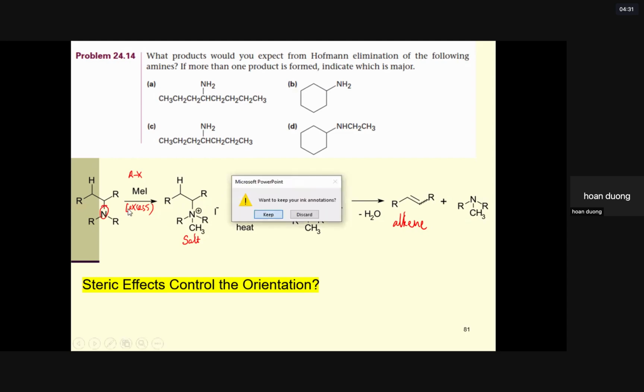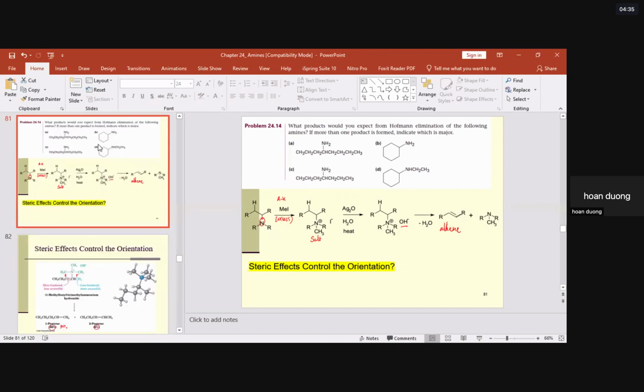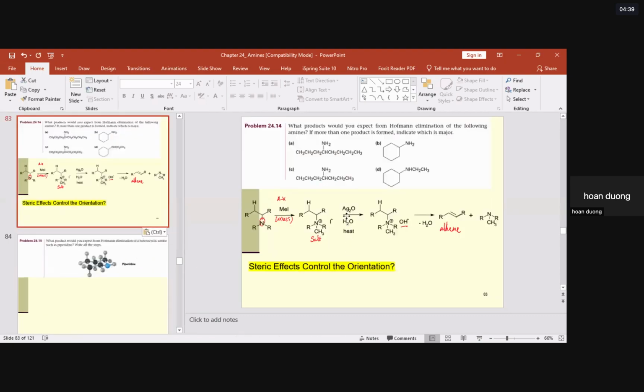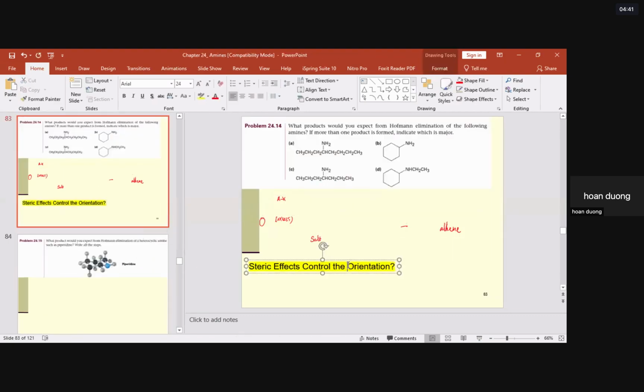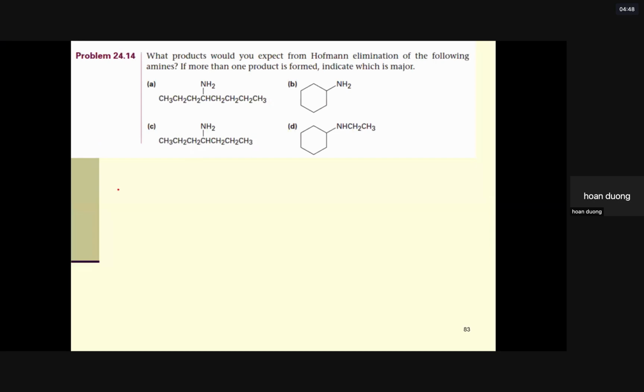I have put one more slide here, a little bit. So A looks like it's more difficult, but I think it's still an easy way to put the CH.